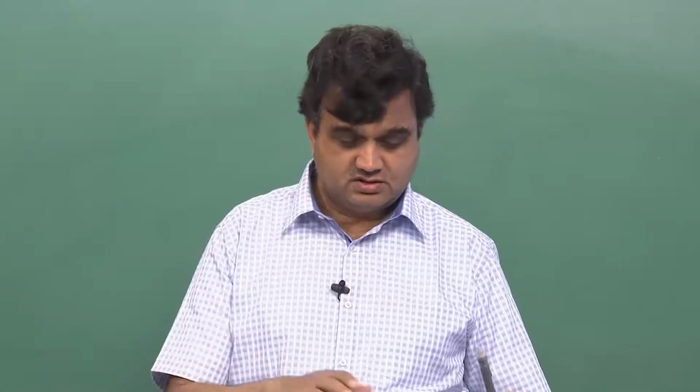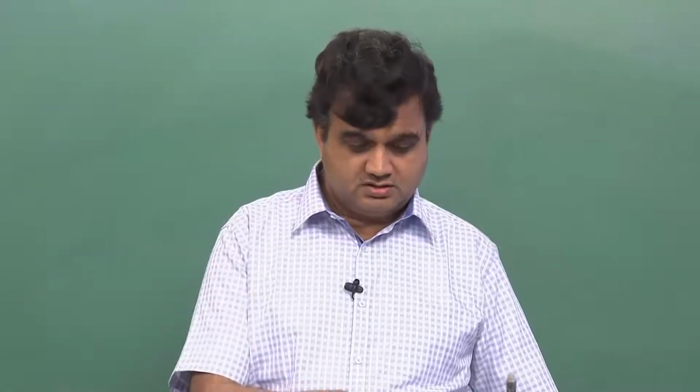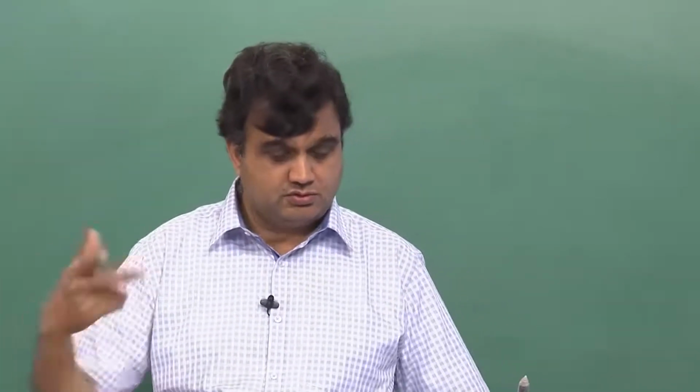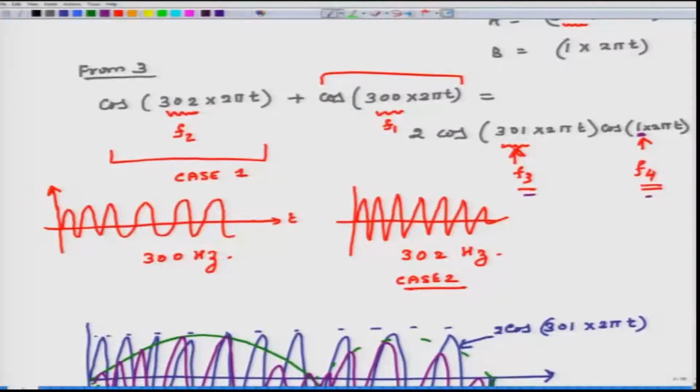If the difference is 4 hertz, then it is 304 minus 300 divided by 2, so each second it will go up and down twice. So, this is basically F2 minus F1 by 2, and this is F2 plus F1 by 2. Okay. So, this is the beat phenomenon.